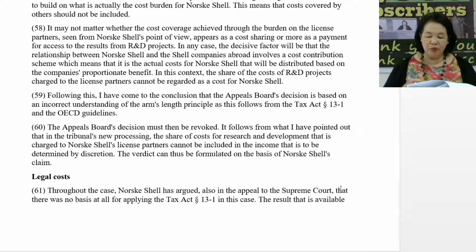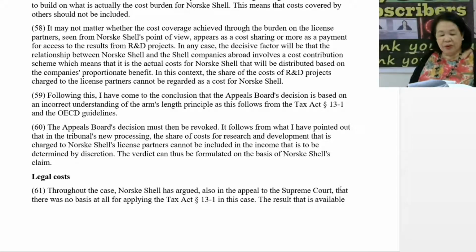It follows from what I have pointed out that in the tribunal's new processing, the share of cost for research and development that is charged to Norske Shell's licensed partners cannot be included in the income that is to be determined by discretion. The verdict can thus be formulated on the basis of Norske Shell's claim. No? So in this case, they side with Shell.